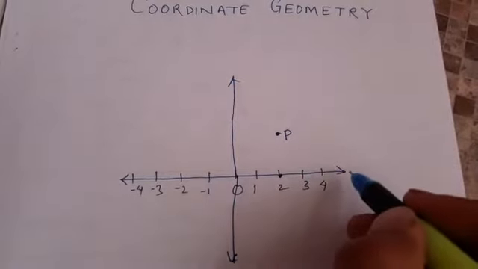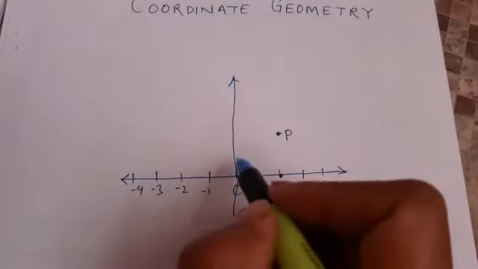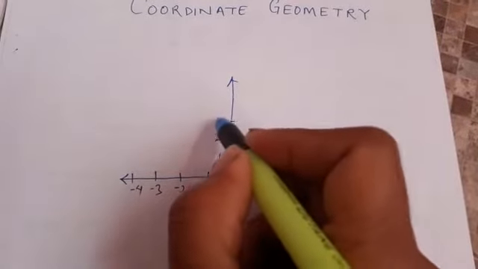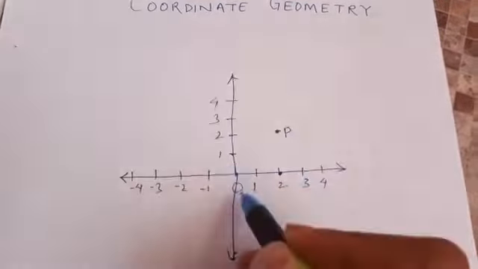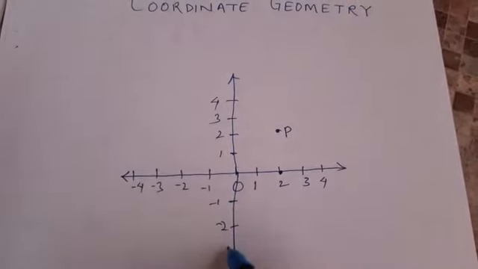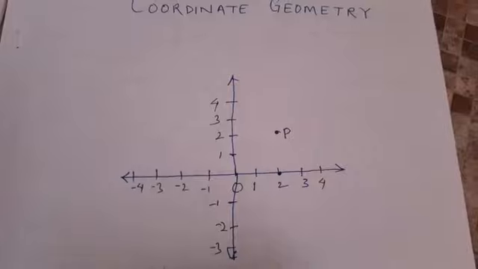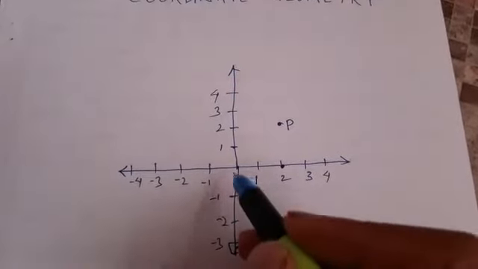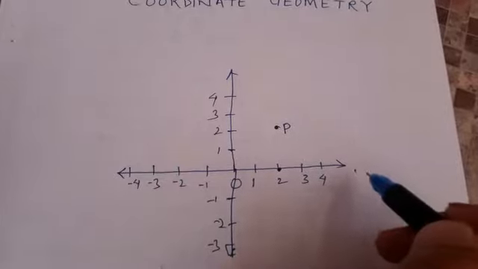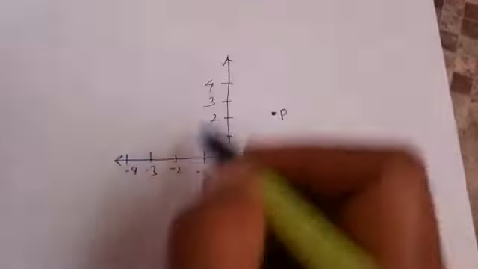Now here also the same divisions, 1, 2, 3, 4, minus 1, minus 2, minus 3, and so on. Here it is the origin.